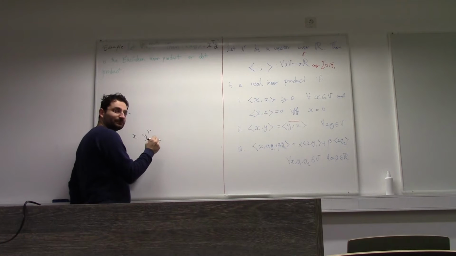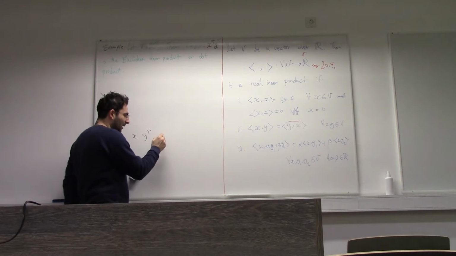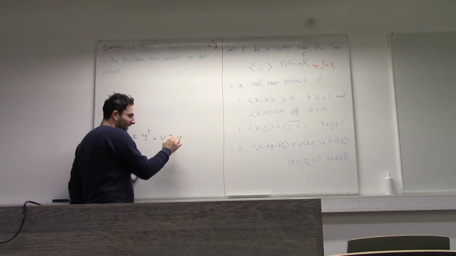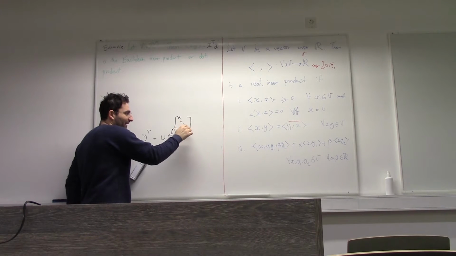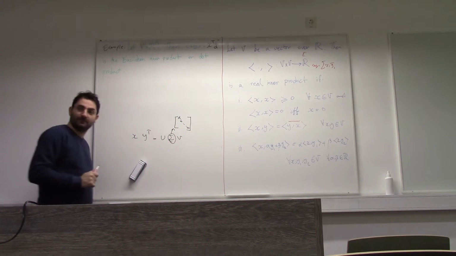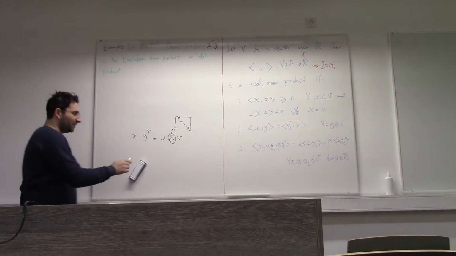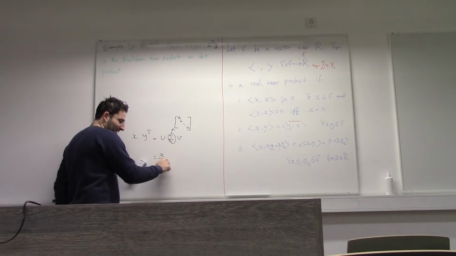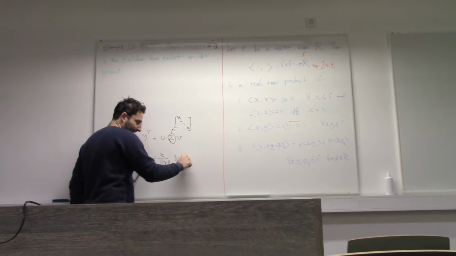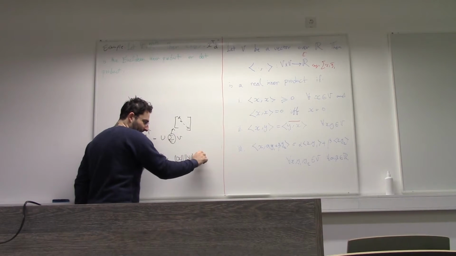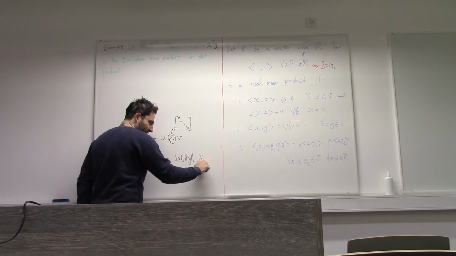I will get U sigma V, but this sigma has only one value and everything else is 0. And if you remember, we said that we can write this one in this form.